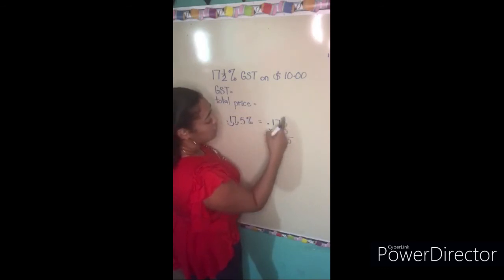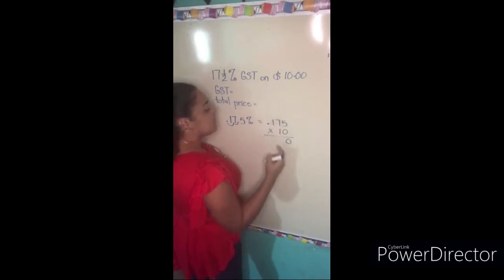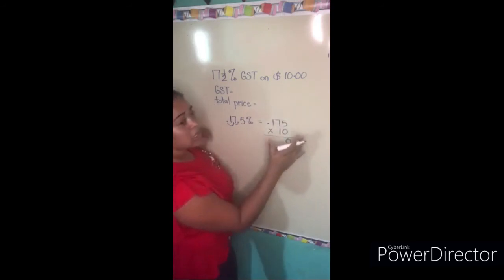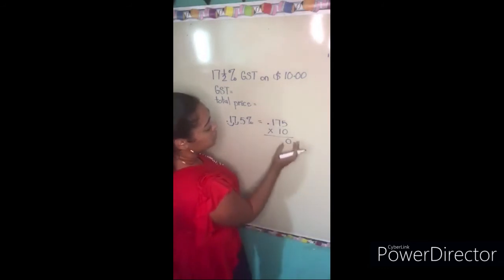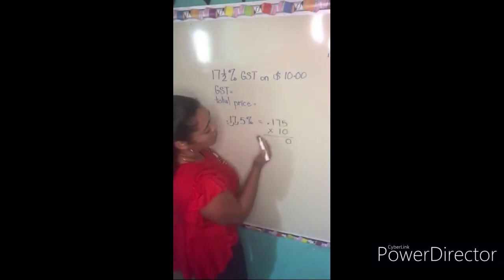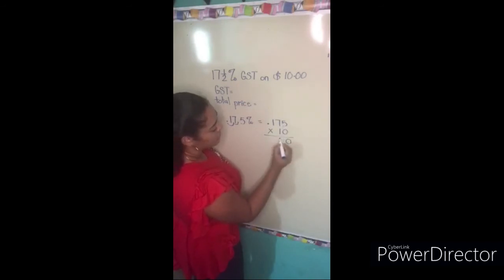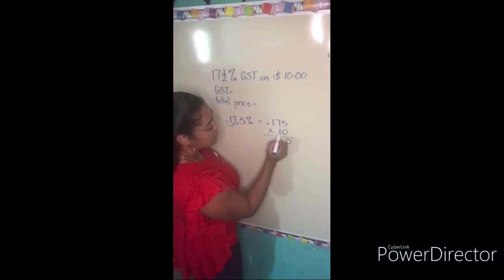We won't go 0 times 5, 0 times 7, 0 times 1. No, we're doing the shortcut. All we do is put a 0 here and we move on to the other number. 1 times 5 is 5. And when we do the second one, this is where we will write the 5. Okay? Under the 1. 1 times 7, 7.